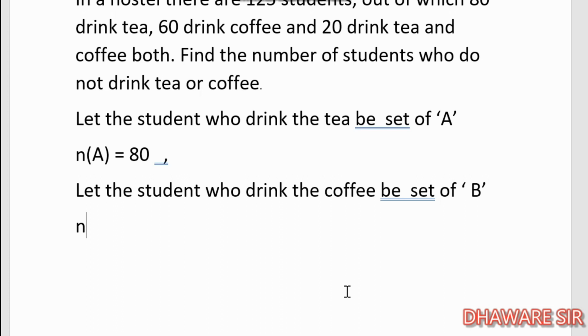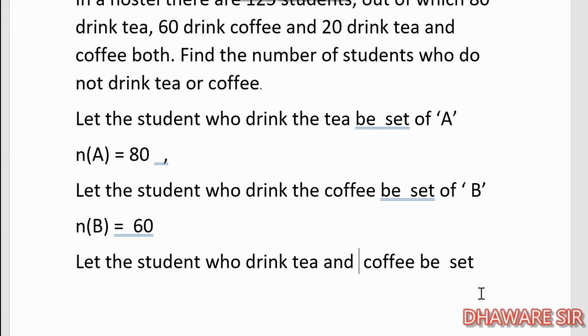How many students drink coffee? 60 students. 80 students drink tea, 60 drink coffee, and 20 drink tea and coffee both. They are the common ones. So if they drink tea as well as coffee, what can we write here?